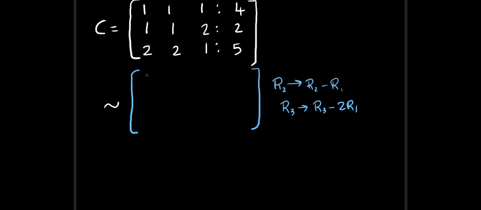And as usual, there is no change in the first row. So we are going to get 0, 0, 2 minus 1 is 1, and then minus 2, 0, 0, minus 1, and 5 minus 8, that will be minus 3.